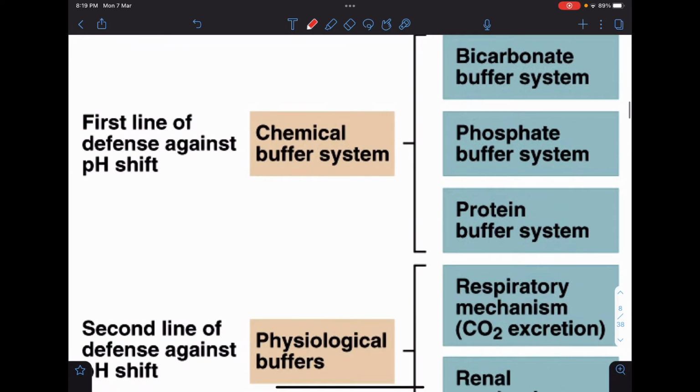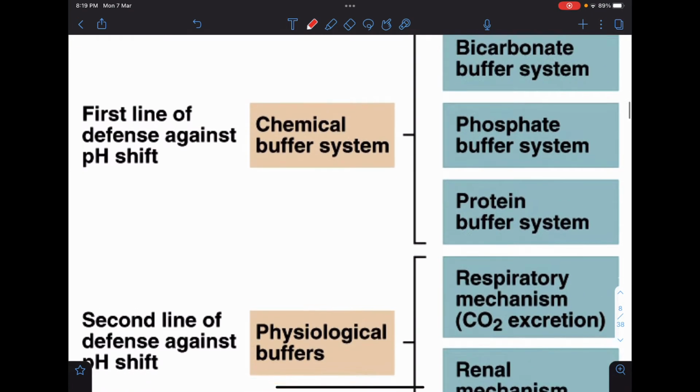Let's talk about the buffer systems in our body: chemical buffer system and physiological buffer. We have already known that a buffer is something which tries to maintain the pH of our body within a narrow range. So the first line of defense against the change in pH is the chemical buffer system. In the chemical buffer system, we have the bicarbonate buffer system, phosphate buffer system, and protein buffer system.